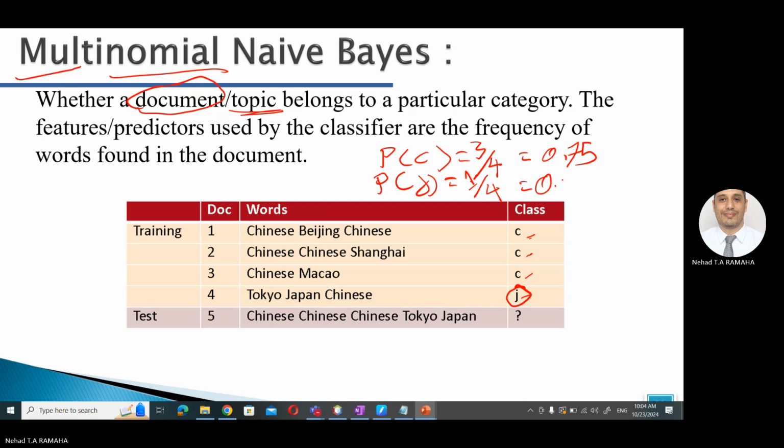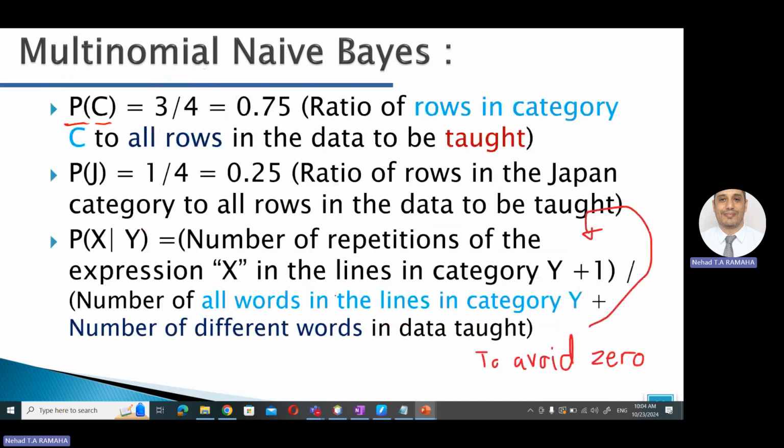So it's 0.25. Okay, what else do we need? We need the probability of the Chinese word given category C. So how is the conditional probability calculated here?